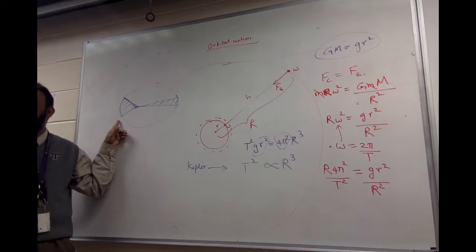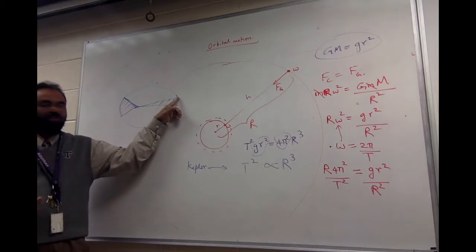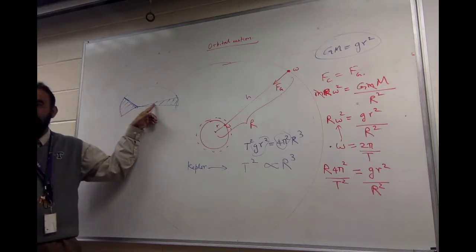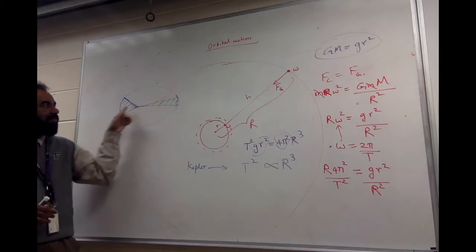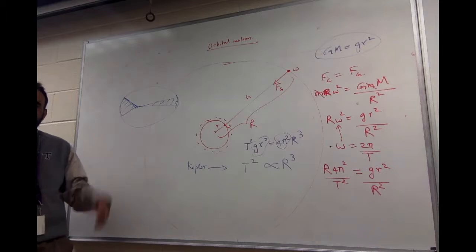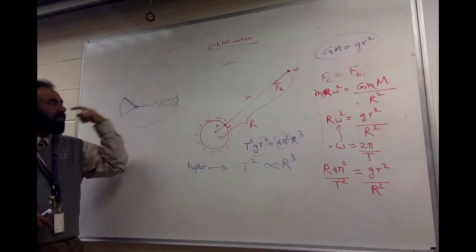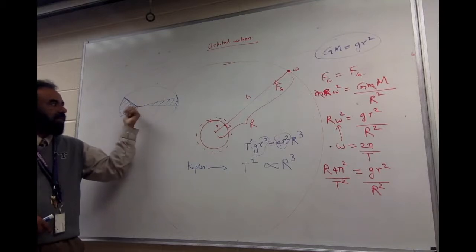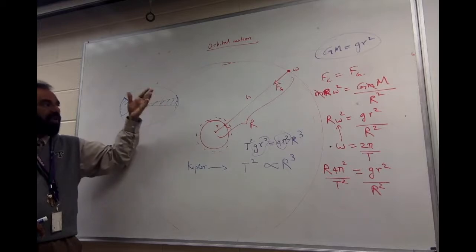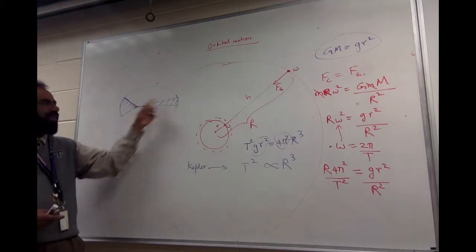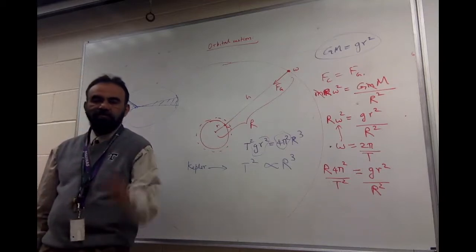So over here it has more angular speed, and here it is less angular speed. So it covers a smaller angle here and a larger angle here in such a way that the area is the same. The line joining a satellite and a planet, or a planet and the sun, this line sweeps out equal areas wherever.